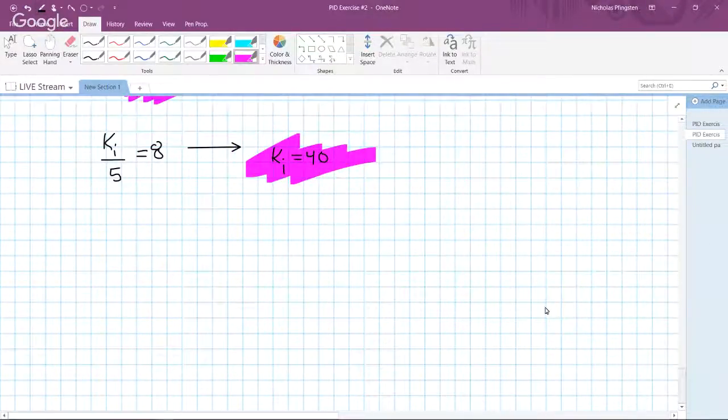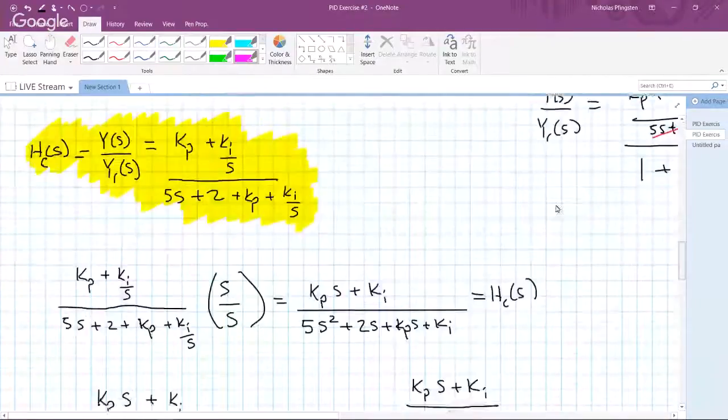K sub I all over 5 will equal 8. And that pretty simply is 40, because you bring that 5 over, it's 8 times 5, and that's 40. So we have those two values. Wunderbar.